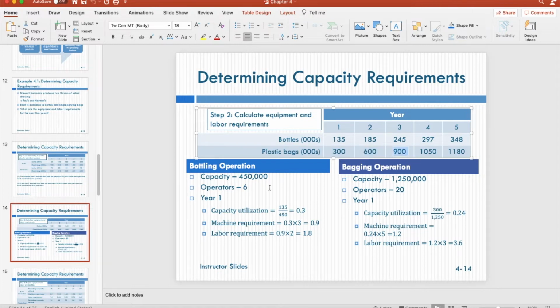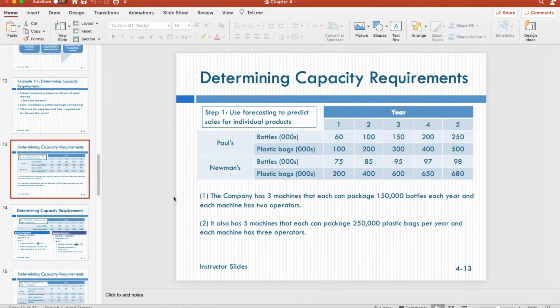All right. Now, first of all, let me ask you another question. Suppose we already know this fact about the capacity for producing bottles: this company has 3 machines and each can package 150,000 bottles.